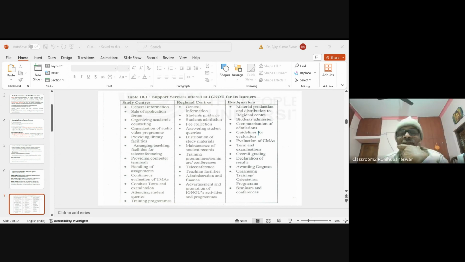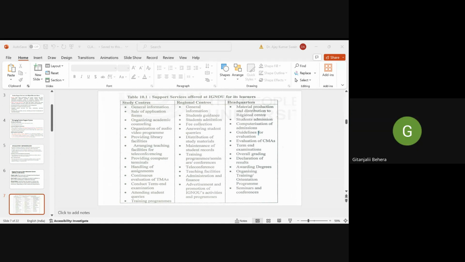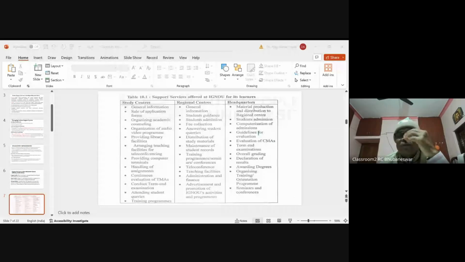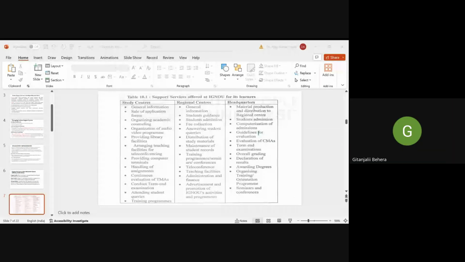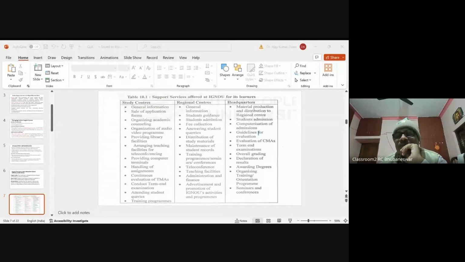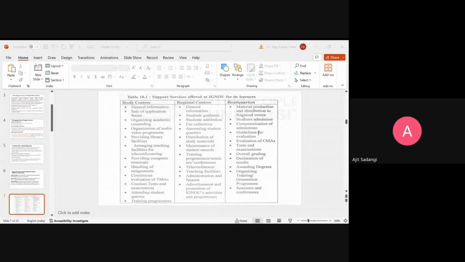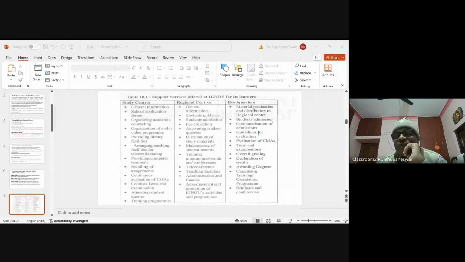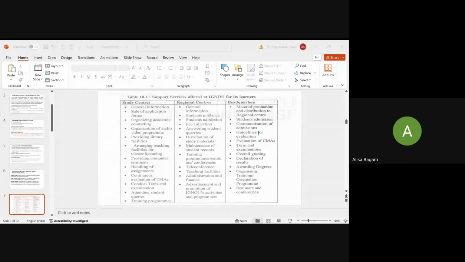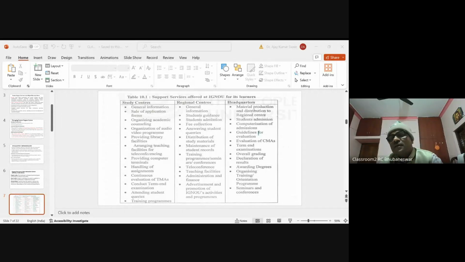No. It is not an MA Education study center. Sir, Nalini Devi, Bhubaneswar College. Ajit Sadangi, which is your study center? Nalini Devi Women's College, Bhubaneswar. Very good. Alisa, which is yours? Cuttack, Ravenshaw. Good. Bandana, which is your study center?